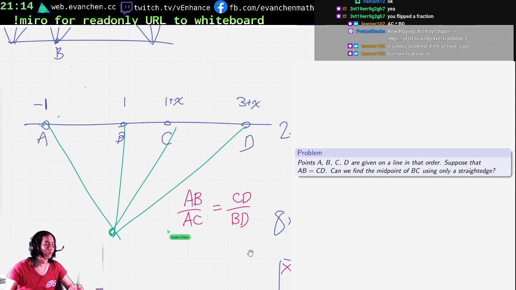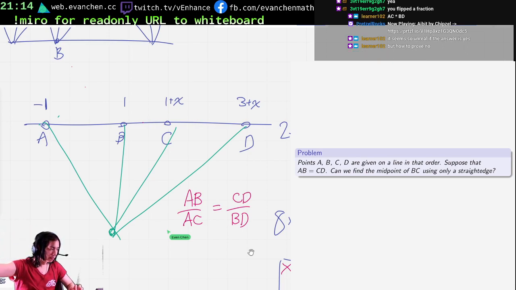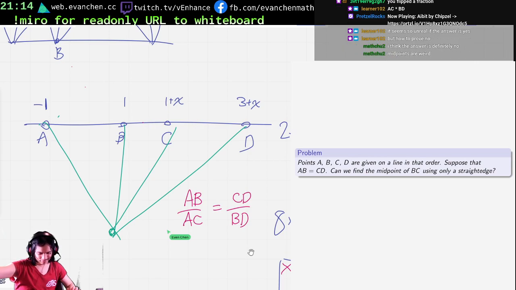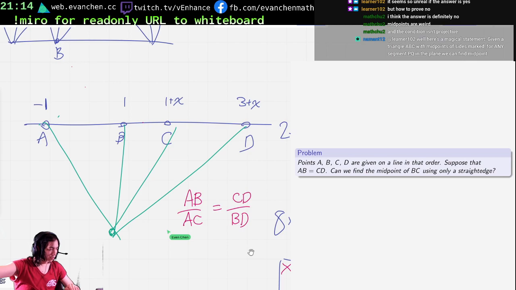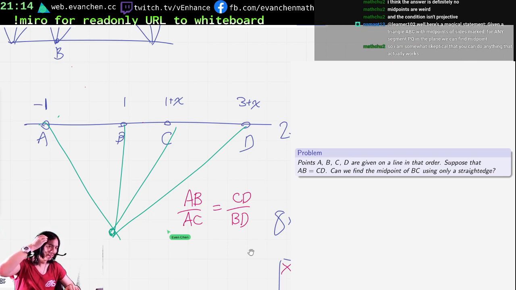I feel like the answer should be yes. It doesn't feel like there is a conceptual reason why this is impossible. You think the answer is no? I think the condition not being projective suggests the answer is yes, not that the answer is no.